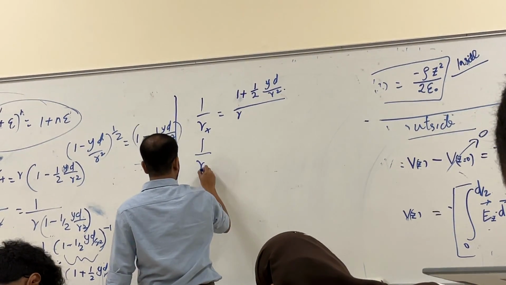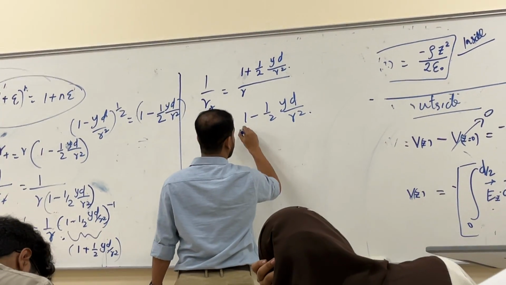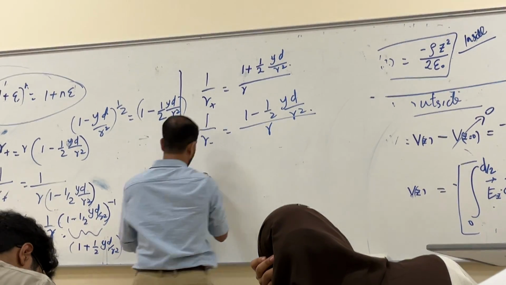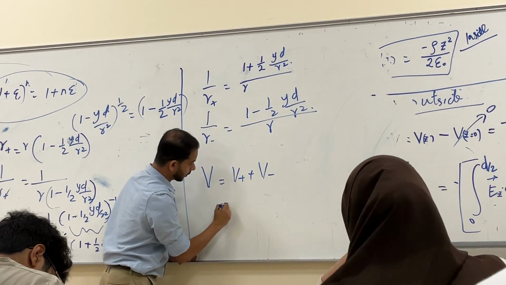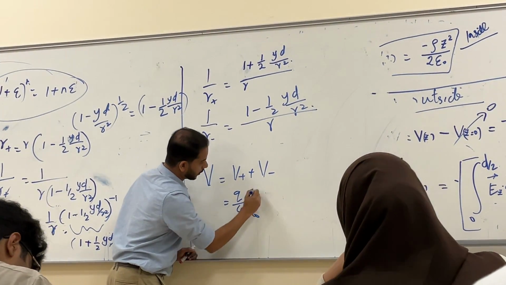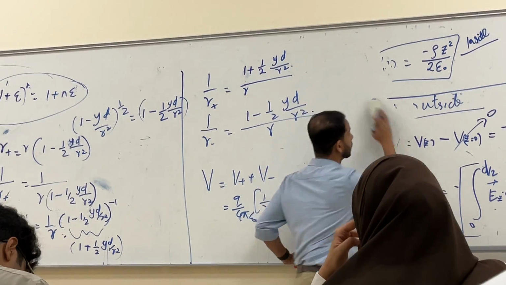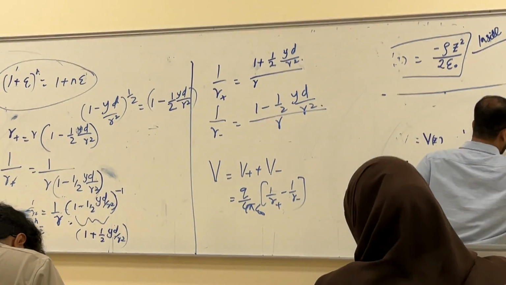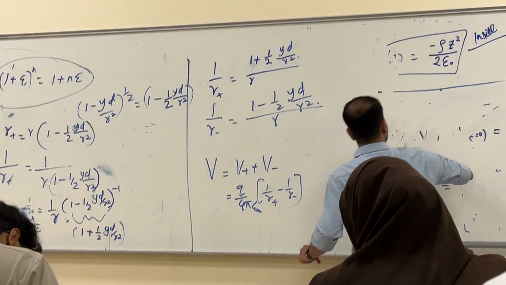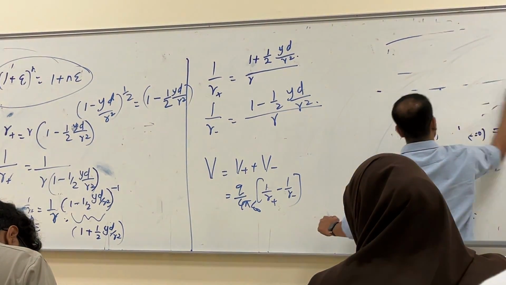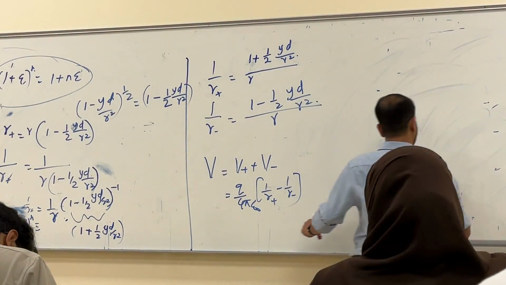Similarly, if you do 1 over r minus, you will get 1 minus half yd over r square, over r. So you can write the total potential, V plus minus, sorry, V plus V minus, will be Q over 4 pi epsilon 0, 1 over r plus minus 1 over r minus. Okay, I'll do it for the electric field. You can do the potential. I will just tell you how to differentiate to find the electric field from the potential.